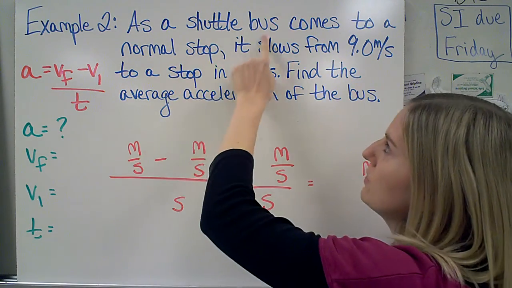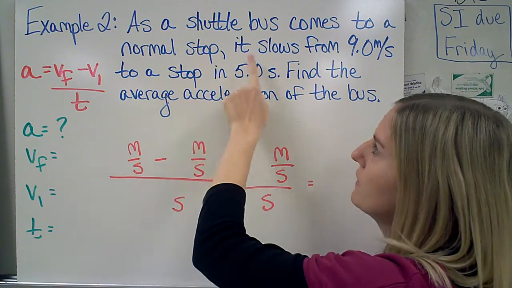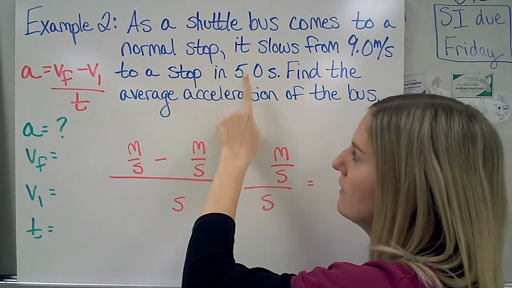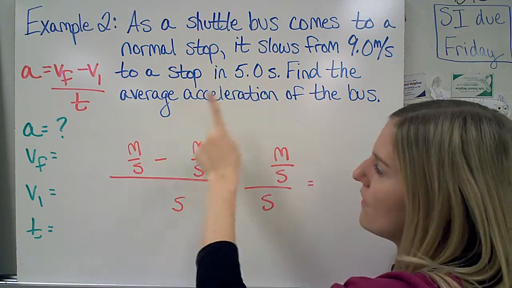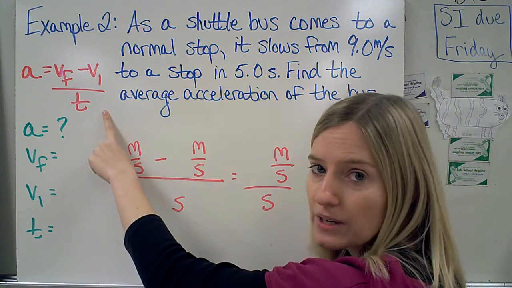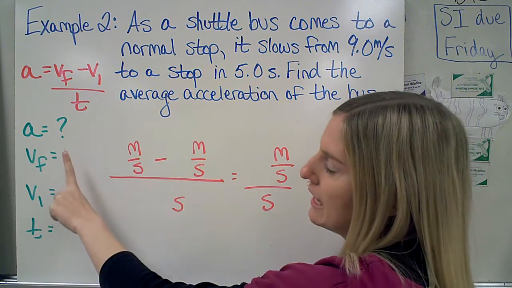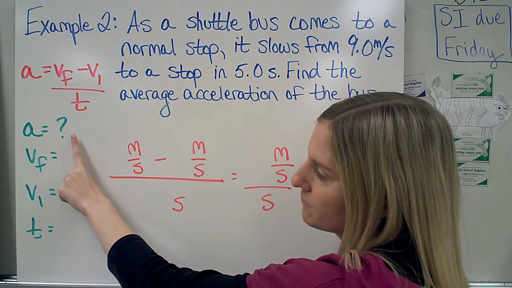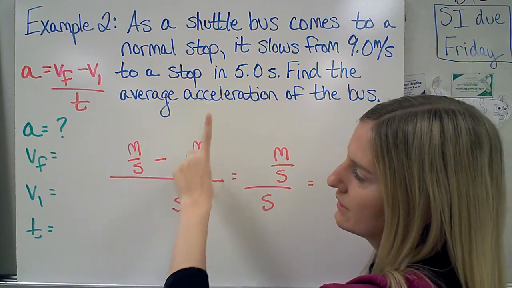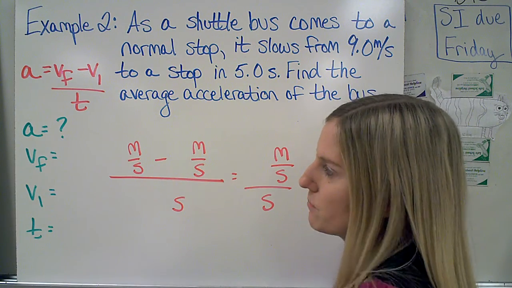Example 2. As a shuttle bus comes to a normal stop, it slows from 9 meters per second to a stop in 5 seconds. Find the acceleration of the bus. So I have my equation written here for me again, and I don't know acceleration. That's what they want me to find. I need to figure out what these other numbers are.